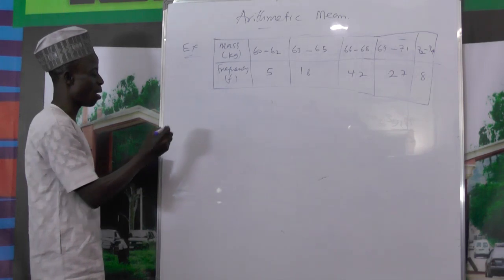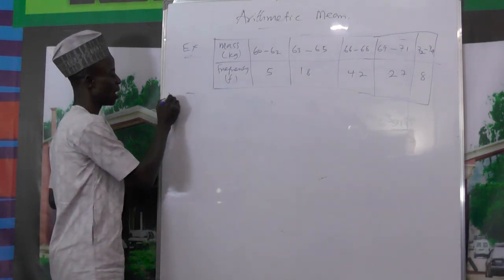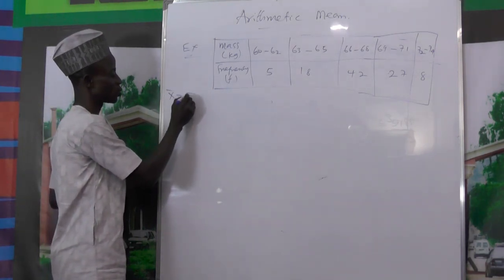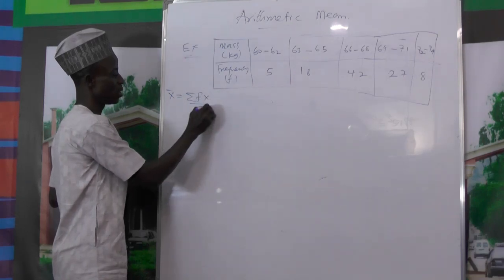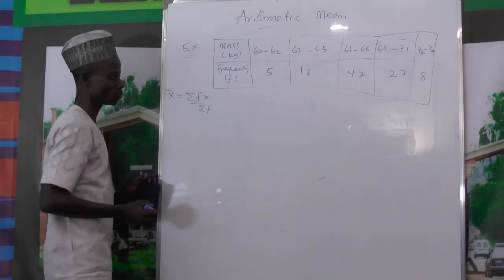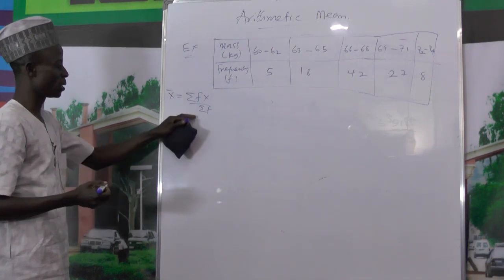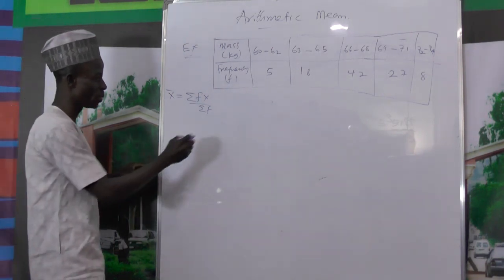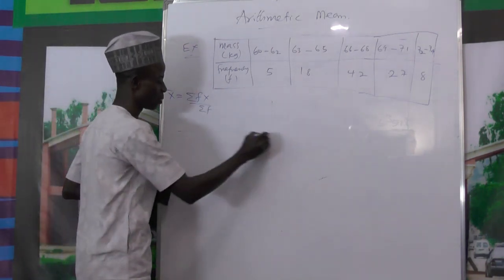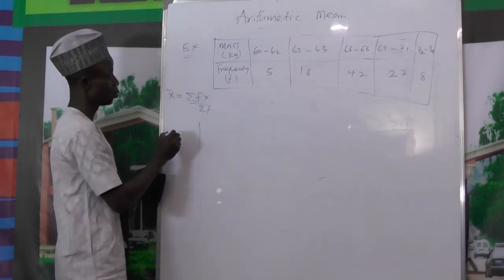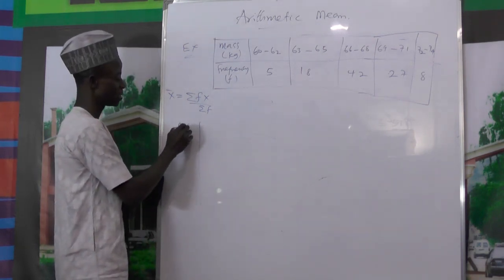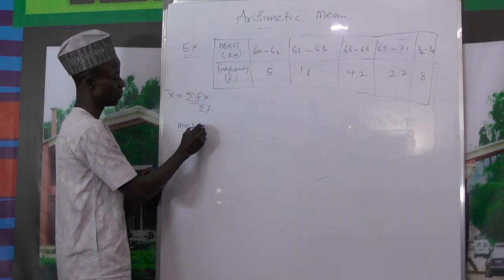And remember, our formula is x bar equals sum of fx all over sum of f. So we are working with this formula. So we will present this in another table like we did earlier. So we have the mass, then we have the frequency.